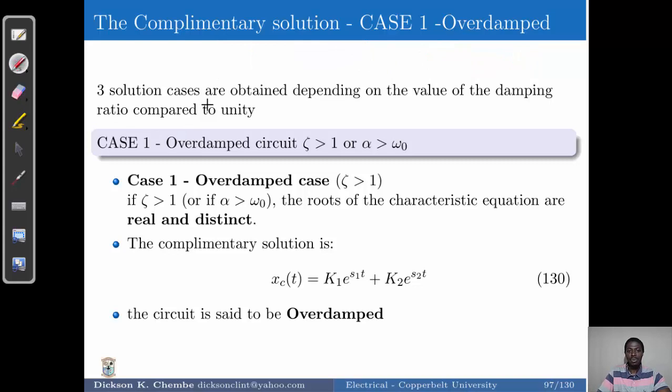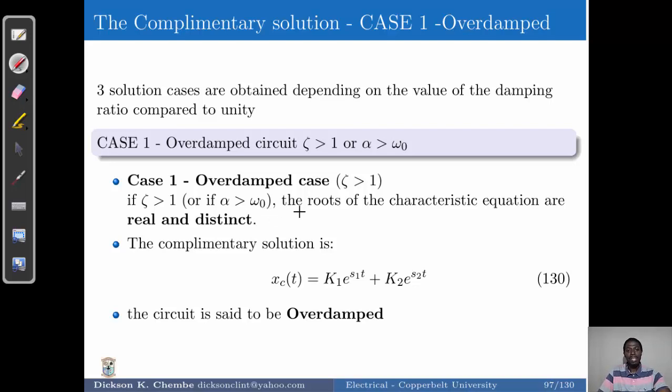When we look at case 1 here, this case is what we call the overdamped case. In this case, we have zeta greater than 1. And if zeta is greater than 1, it is the same as alpha, the damping coefficient, being greater than the undamped resonant frequency omega naught.